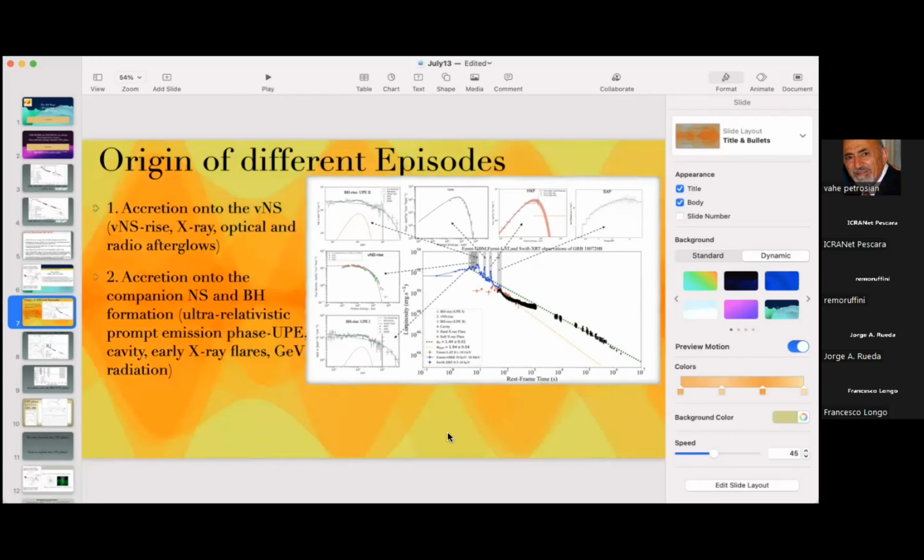But the point is, the physics which we understood at z smaller than 1 applies as well, with the due scaling, to active galactic nuclei.